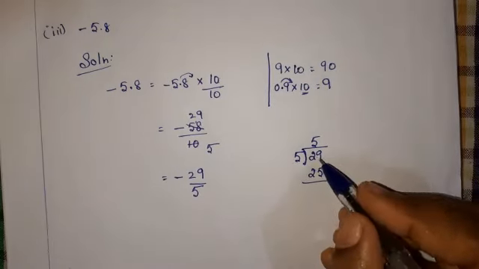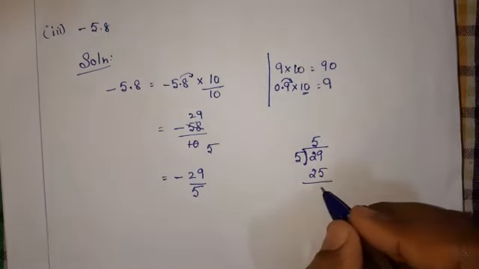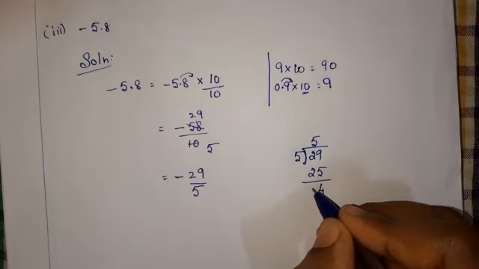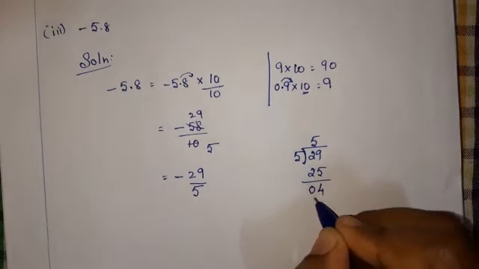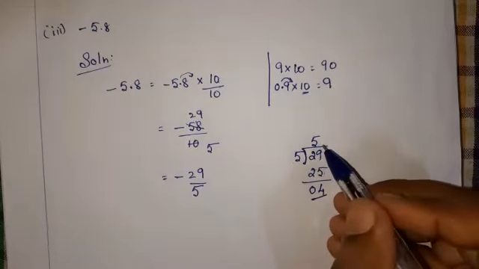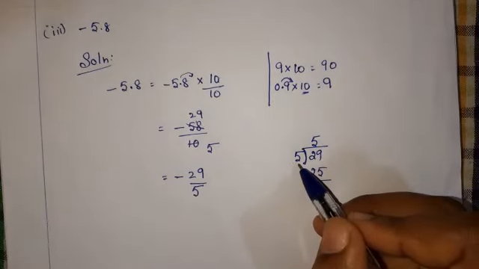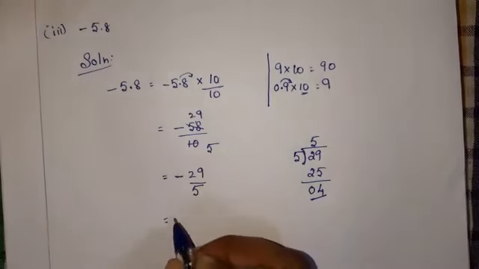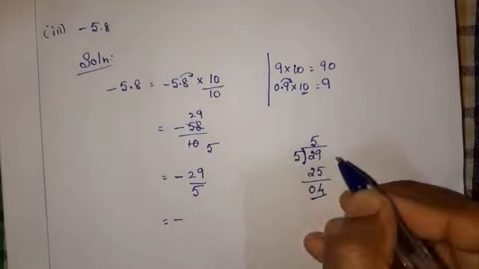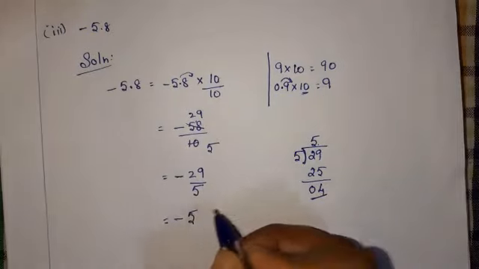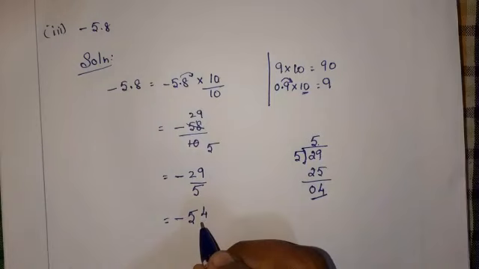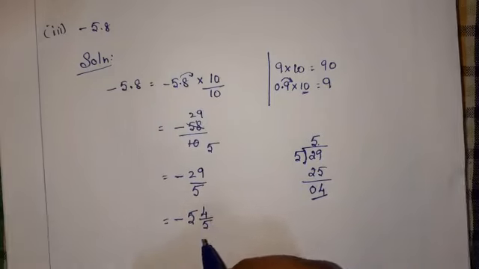Subtract 9 minus 5, that is 4. 2 minus 2, that is 0. Therefore, your remainder is 4. Quotient is 5. Divisor is 5. Therefore, write the sign, write the quotient first, that is 5. Then write the remainder, that is 4 by 5.